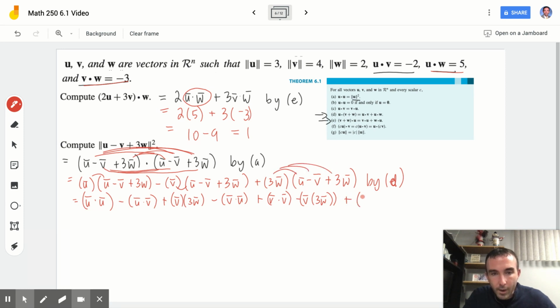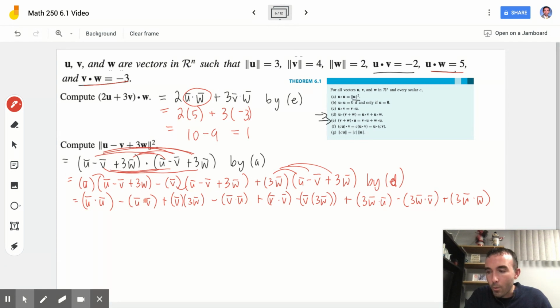So that is 3w by u, and then I have 3w by negative v, and then I have 3w by 3w. Lots going on there. So that was the actual distributing of what we need.